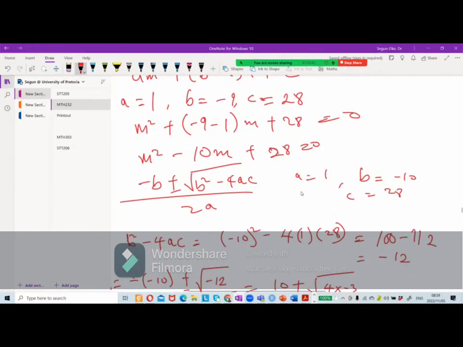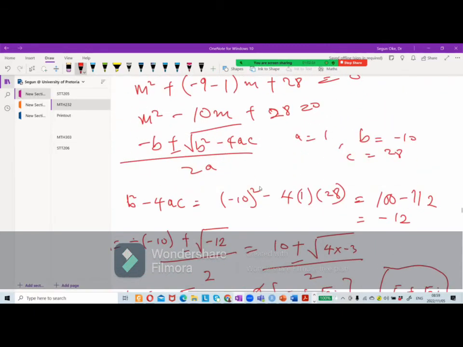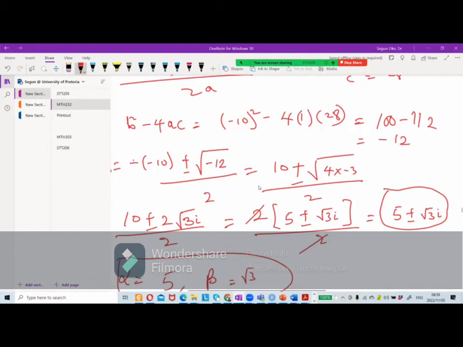So when your quadratic leads to what do we call it now? Complex. How do we get to the complex? Look at this problem. You and I know that the square root of this will lead us to complex analysis. Then you can take this one out. Find the square root of 4, you have 2.